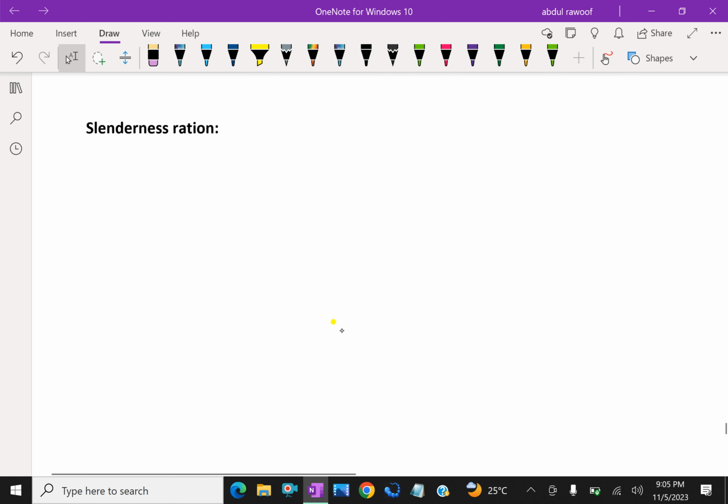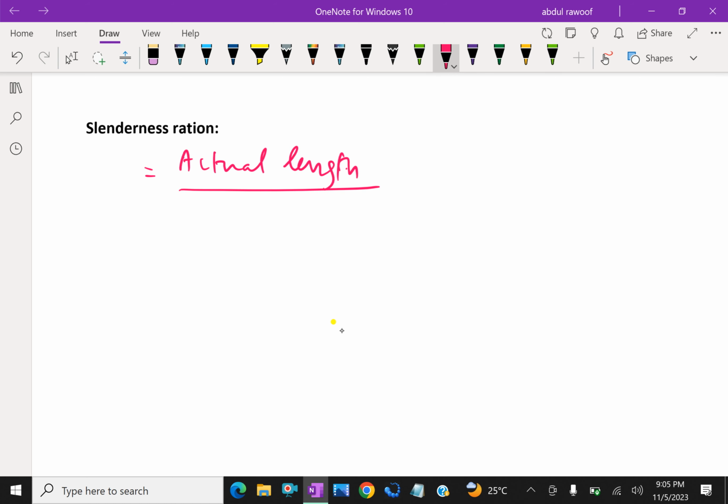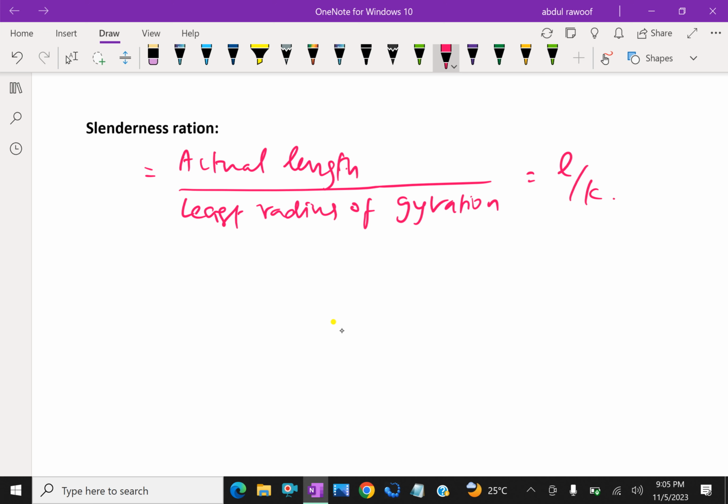Therefore, you can write it as actual length of the column over least radius of gyration, equal L by K. This L by K is called the slenderness ratio.